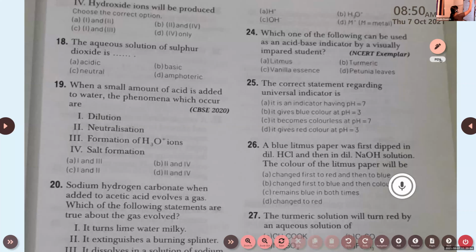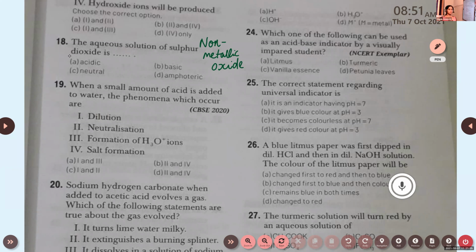Sulfur dioxide is an example of a non-metallic oxide, because sulfur is a non-metal. So what about the nature of non-metallic oxides? Are they acidic or basic? Acidic. So the aqueous solution of sulfur dioxide is option A, acidic.